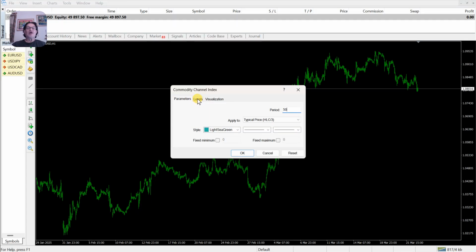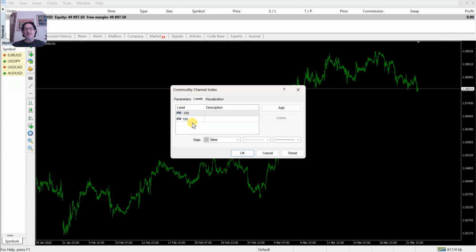Now we click on levels, and you have minus 100 and 100 or plus 100. The reason for these levels is that the Commodity Channel Index indicator, or CCI, is an overbought, oversold indicator.